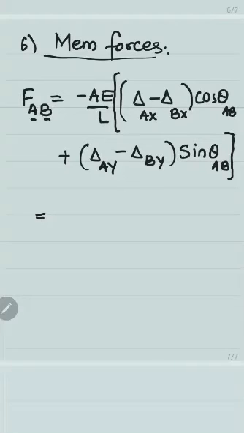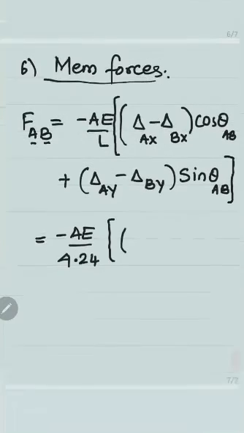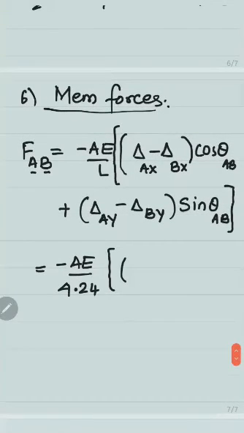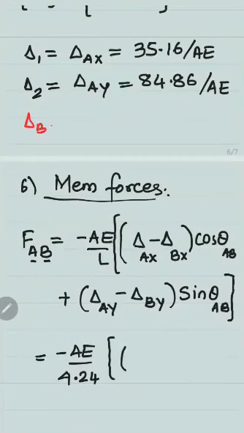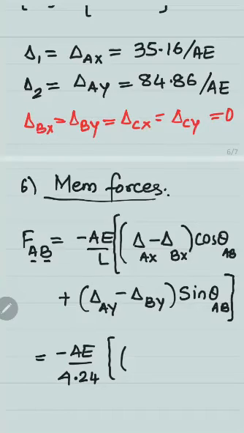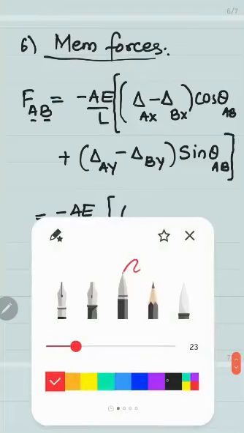So minus AE, the length of the member AB is 4.242 into bracket delta AX and delta AY. Remaining displacements, that is delta BX, delta BY, delta CX, delta CY, are all 0, right? There is no displacement for joint B and joint C, you only have displacement at joint A, which is 2 degrees of freedom, right? Now calculate this.